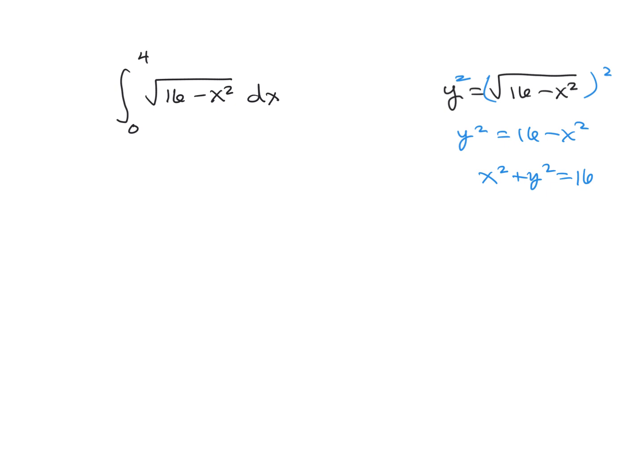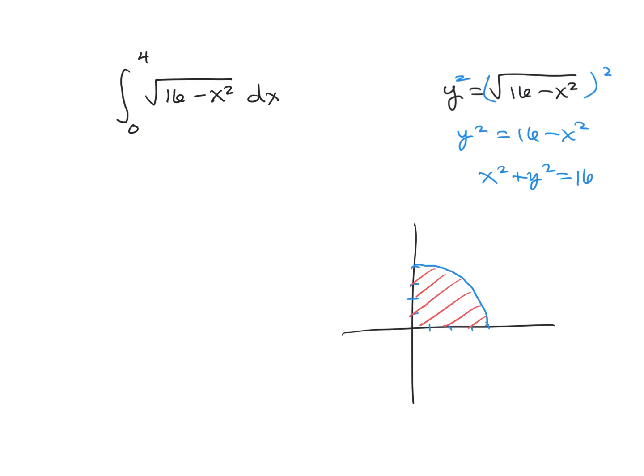So the visual to have in mind here is a semicircle that is going to be up at 4 and out at 4. And we just kind of go through and draw the circle. And the value of that integral is the area that is under that circle.